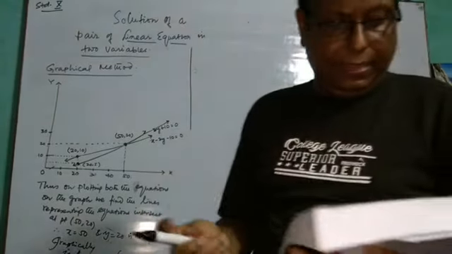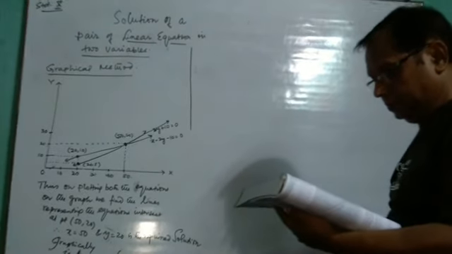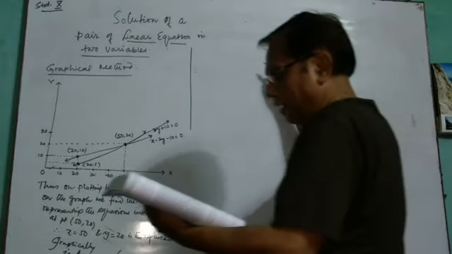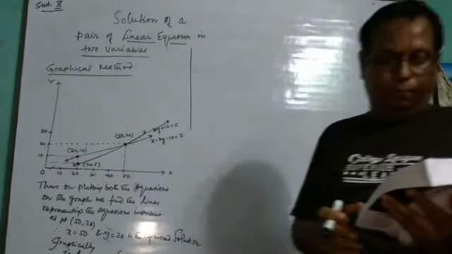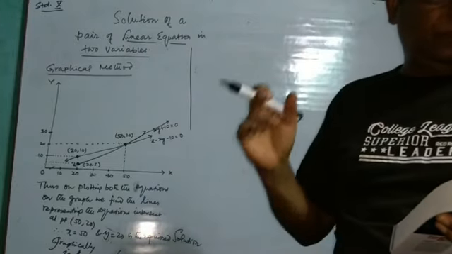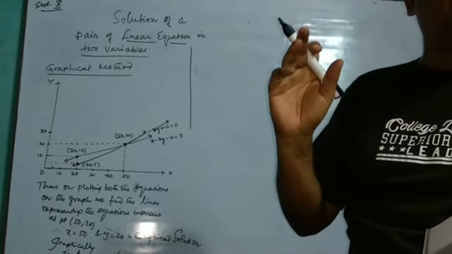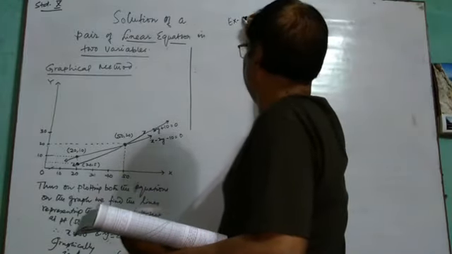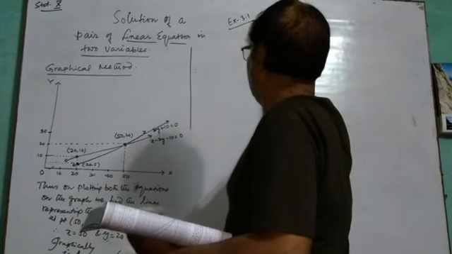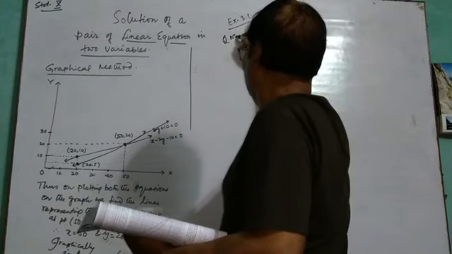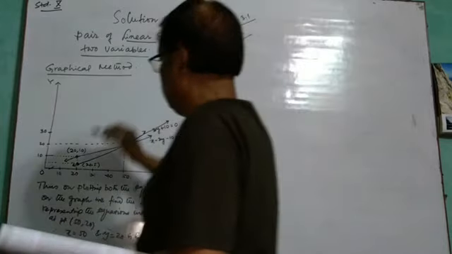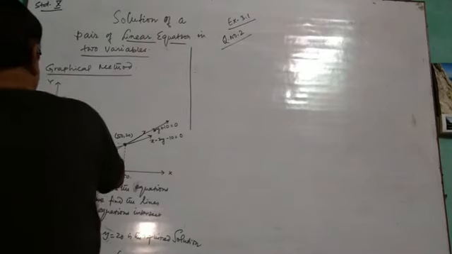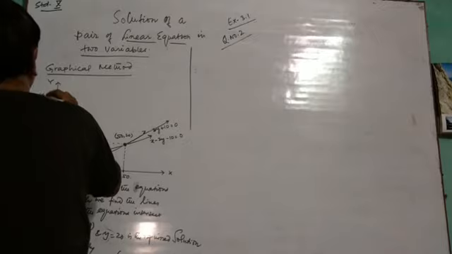The question is: suppose Romila went to a stationery shop. It is exercise 3.1, question number 2; question number 1 I have solved.